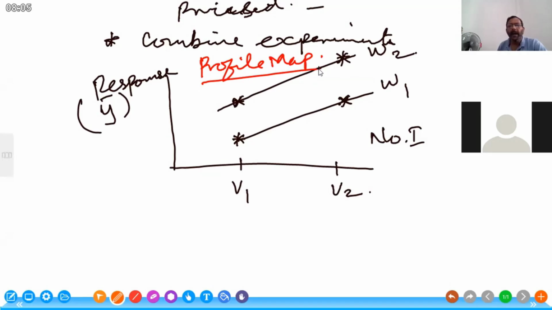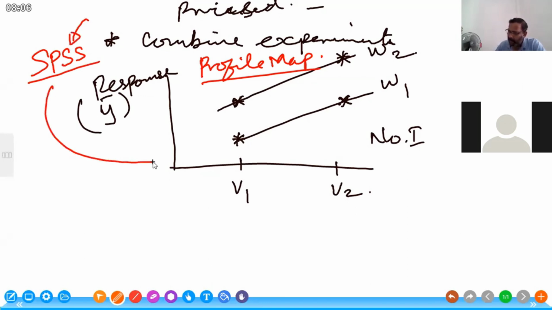Actually, have you all started learning a little on SPSS? Have you started learning on SPSS? Yes, sir. So here in SPSS, we can request this kind of map. This is called a profile map. SPSS is a menu-driven software, so you can simply request it to give me the profile map. You have to specify the variables or the factors, then it will give it automatically. But in SAS, you have to give the commands.